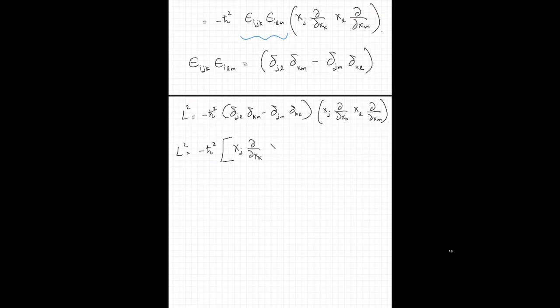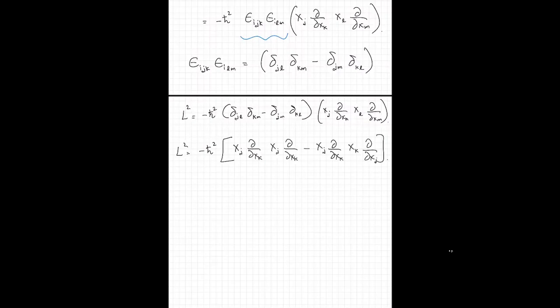And the second term is xj ddxk times the second delta function, which forces L to be k and m to be j. So you get xk ddxj. This is your L square operator.